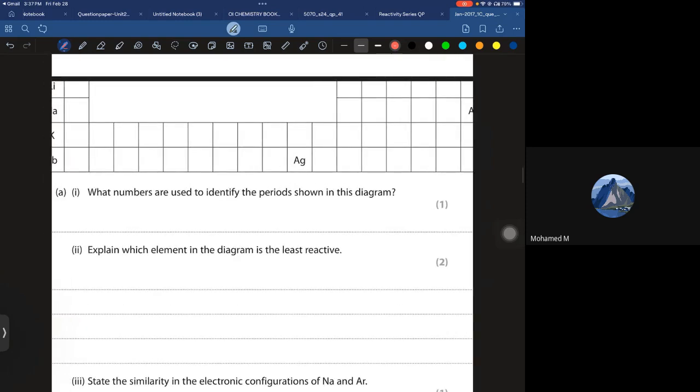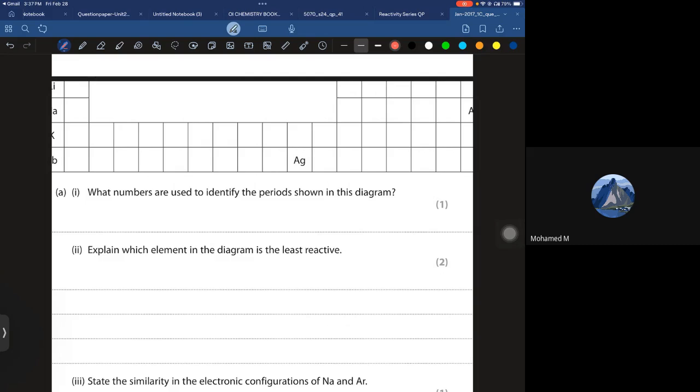What numbers are used to identify the periods shown in this diagram? Obviously, the number of shells.